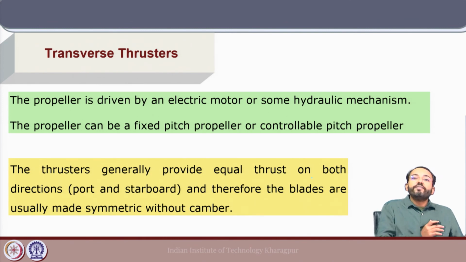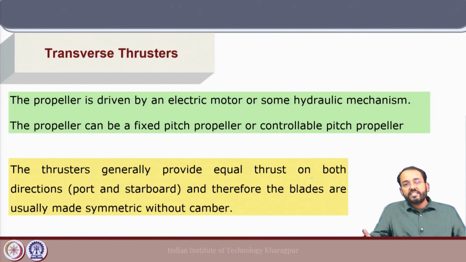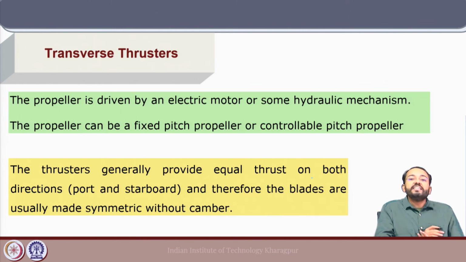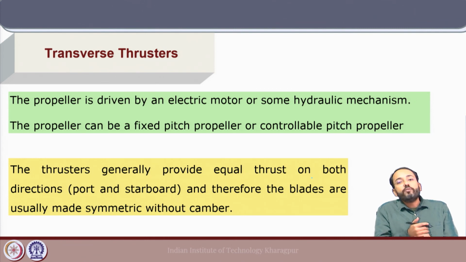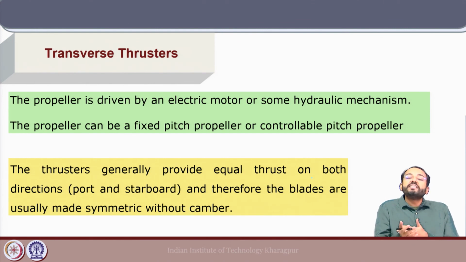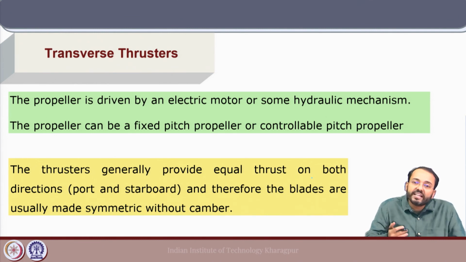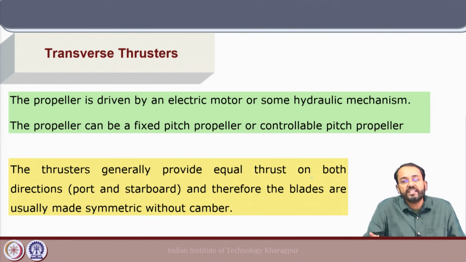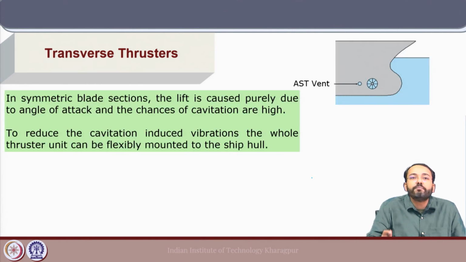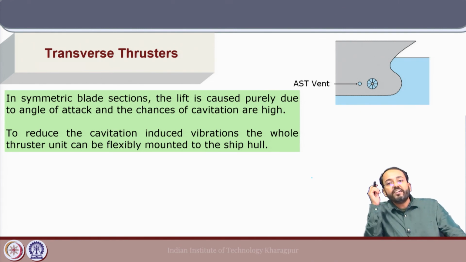The propeller is driven by an electric motor or by a hydraulic mechanism, and both fixed pitch propellers or controllable pitch propellers can be used. But the main design criterion is that we need equal thrust characteristics in the port and starboard, and hence the propeller blades are designed using symmetric sections without camber, so that the blade can provide similar thrust characteristics in both the port and starboard directions. For symmetric blade sections, the lift that is generated is purely based on the angle of attack.